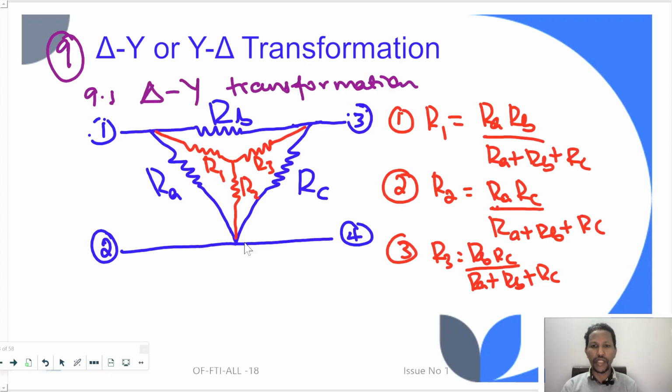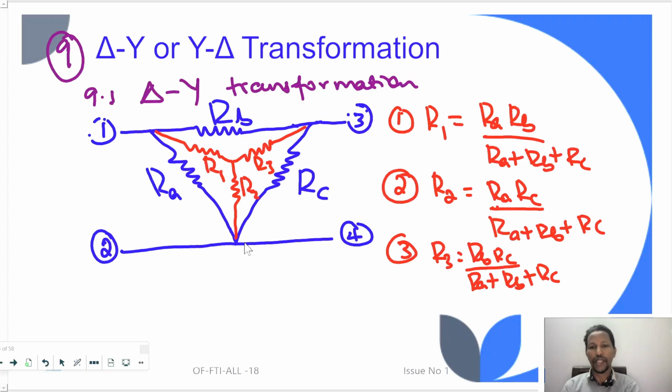Then, when it comes to delta Y transformation, we have the Y delta or delta Y transformation. The first one is delta Y transformation, which means we have the delta network at hand and need to convert it into the equivalent Y network. To obtain the equivalent Y network from the given delta network, we always need to draw a Y network inside the delta network.